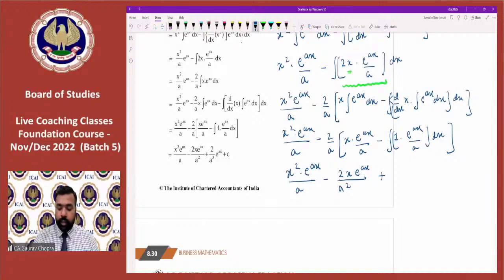Then minus minus will become plus 2 e to the power of ax divided by a cube and then plus c. So this becomes the final answer. All right. So in this question, we had applied integration by parts two times.